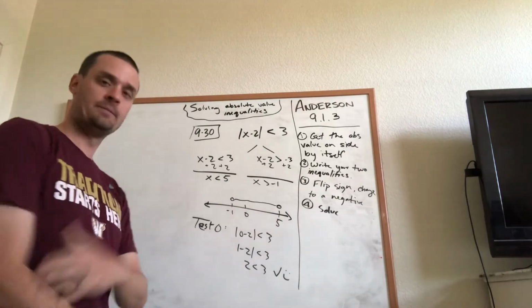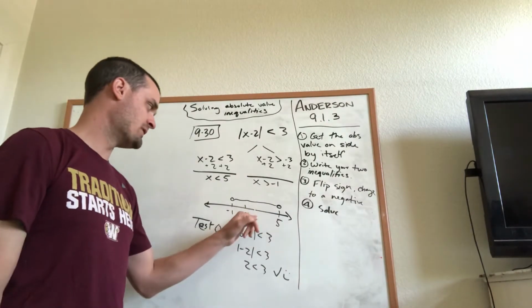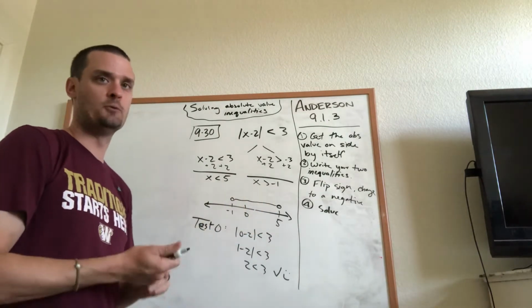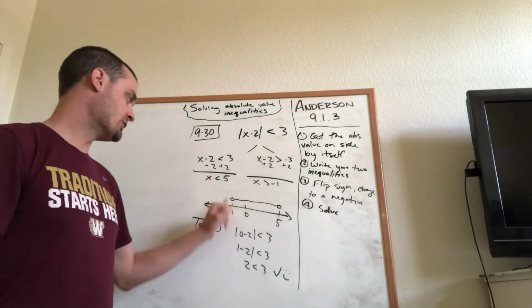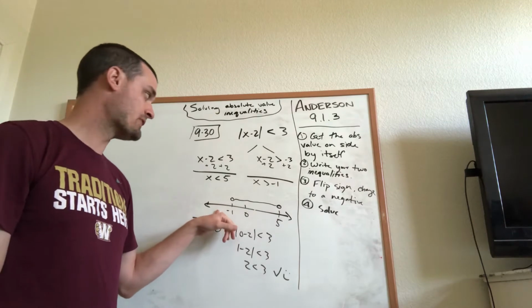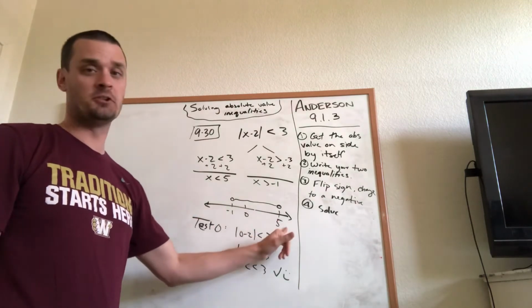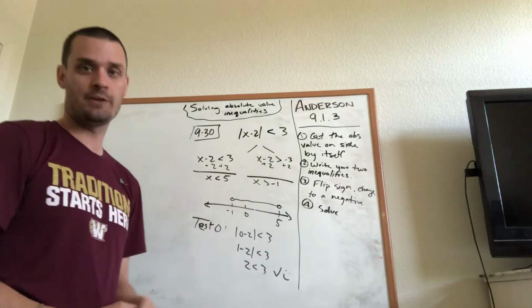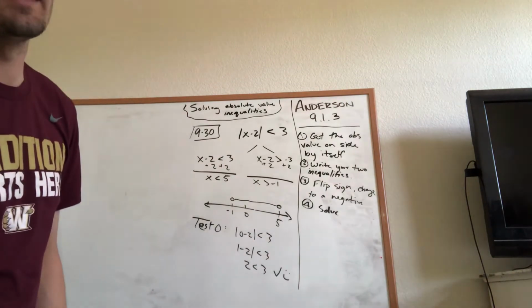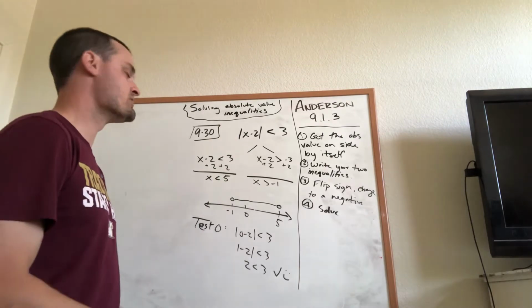So you end up getting a true statement, which means 0 should fall in that shaded region right there. You could test a number outside of the region and make sure it doesn't work, such as negative 2 or 6. You could plug those numbers in, check, make sure it doesn't work, and that way you know that you have the correct shaded region.